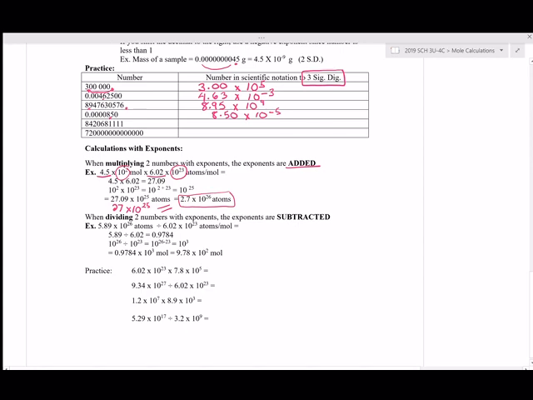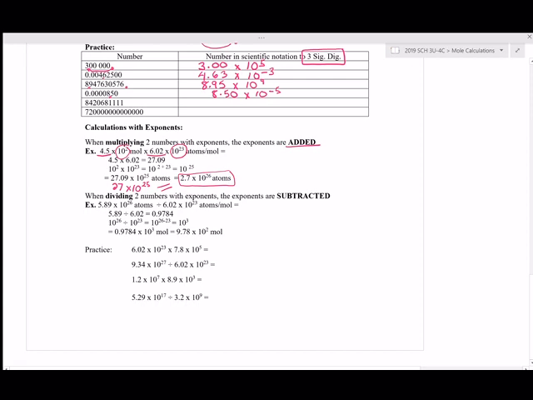Computers wouldn't like it. I will forgive you, but if a computer is marking the question, it's not in the correct format. It needs to be a number between 1 and 9.9. So remember, 27 has the decimal here, so you're going to move it one place smaller to make it 2.7. And if you move it one place smaller, then your exponent needs to become one number bigger. So that's why it becomes 26.